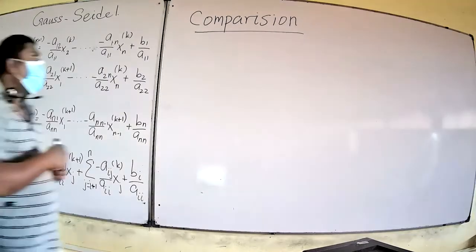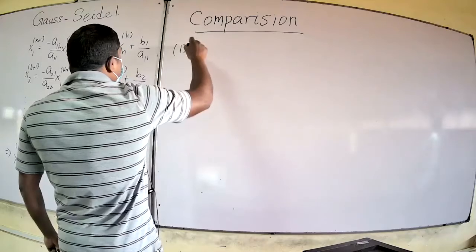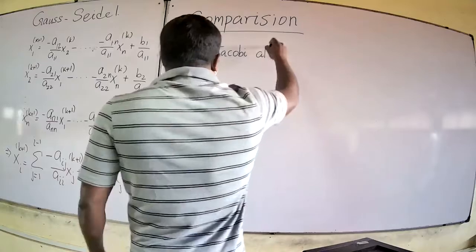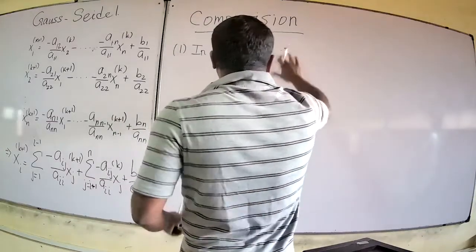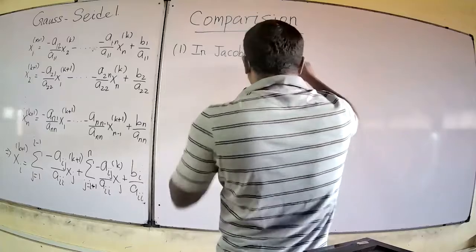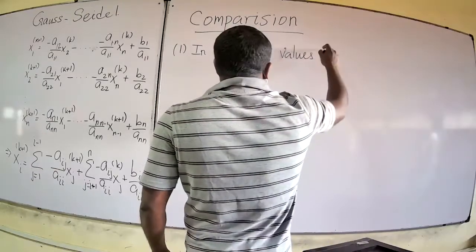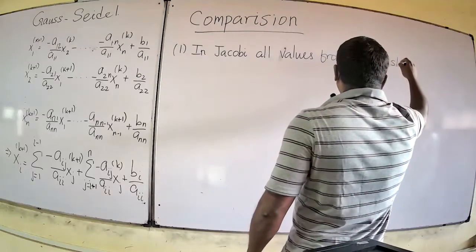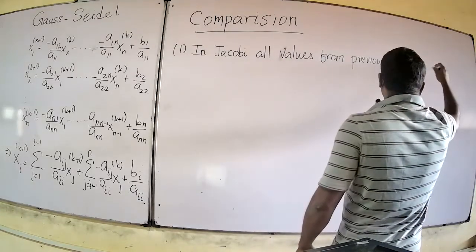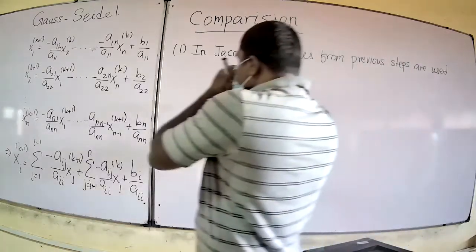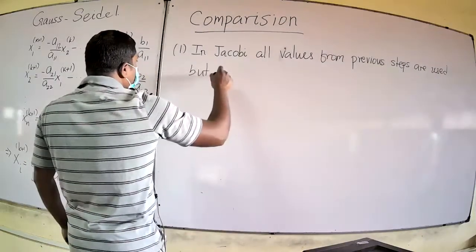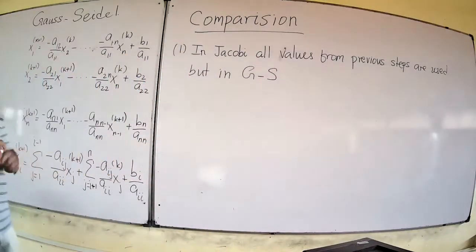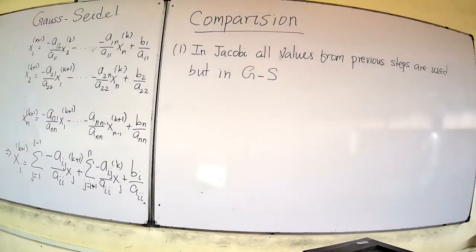The first comparison is, in place of writing Gauss-Seidel, I just write GS. So you know that that means Gauss-Seidel.